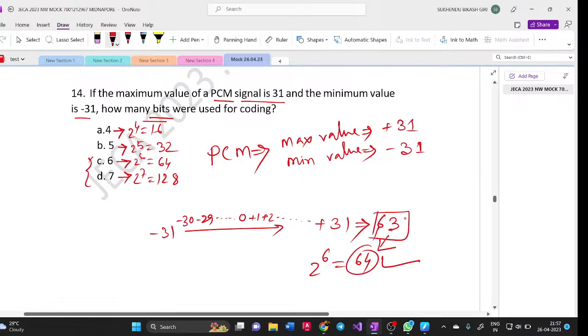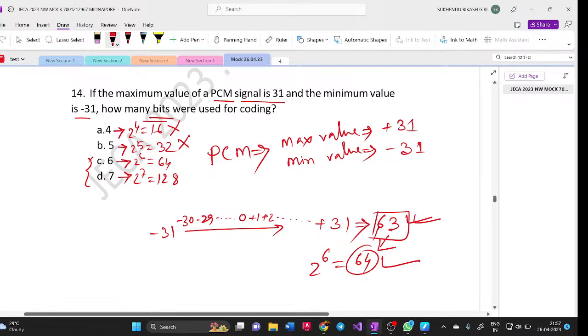We need to cover a total of 63 values. So option A is not possible to cover 63 values. Option B is also not possible. But option C and option D both cover 63 values. But we need to give the most accurate answer from C and D. C is the accurate answer.